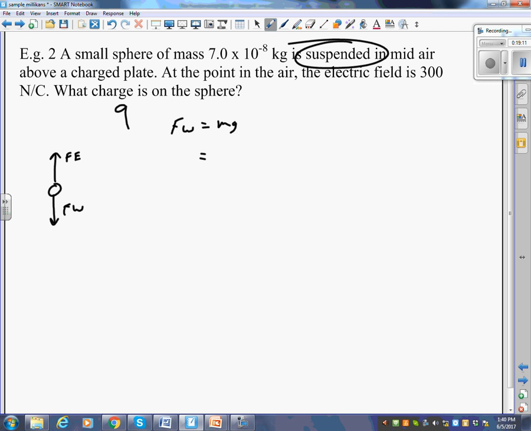Yeah? Okay. Fw, m times g. So the mass is 7.0 times 10 to the minus 8, and gravity is minus 9.8. And once again, I am calculating. 6.86 times 10 to the minus 7.